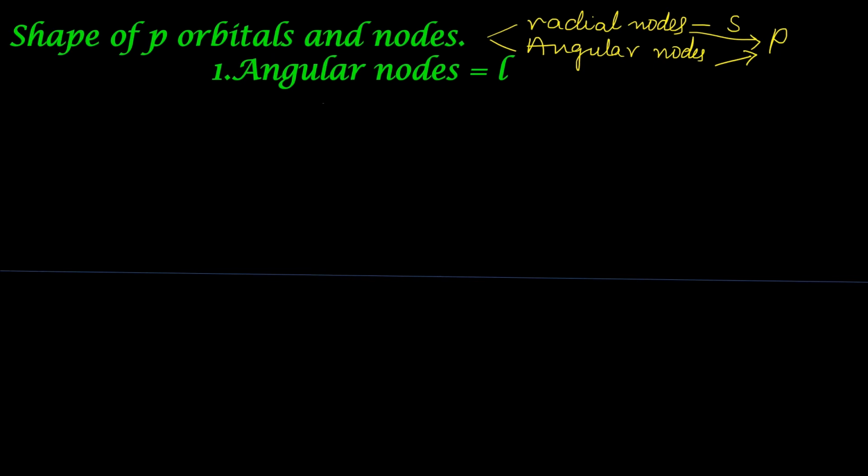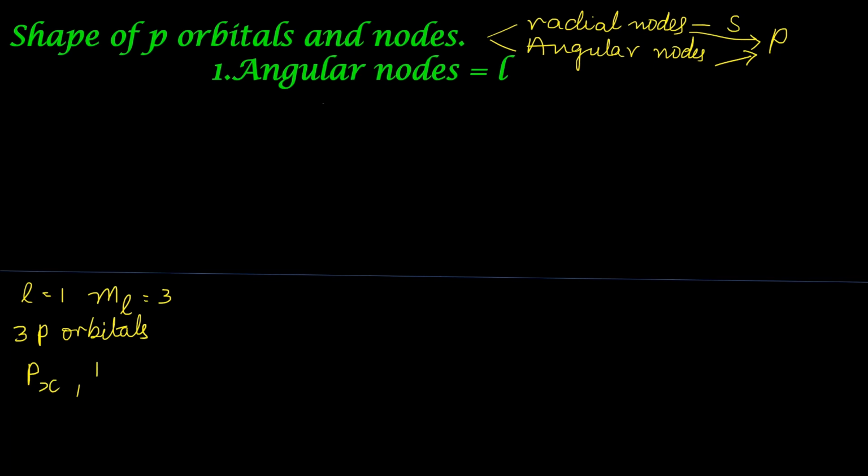But for p orbital, the azimuthal quantum number is equal to 1, that is, l is equal to 1. So it has three orientations: negative 1, 0, positive 1. So there are three p orbitals oriented along the three coordinates x, y and z.